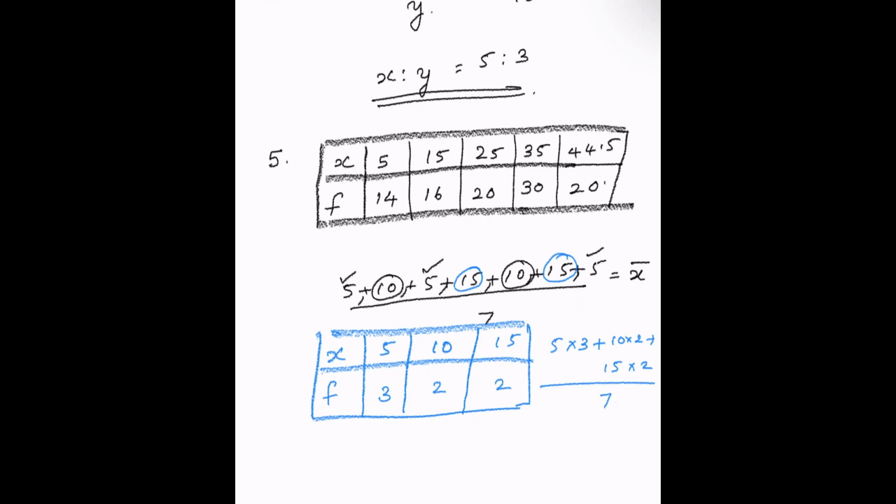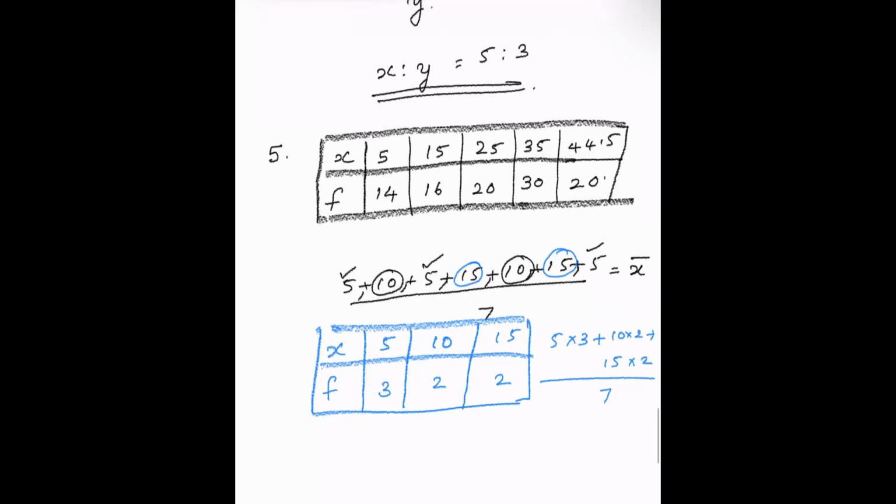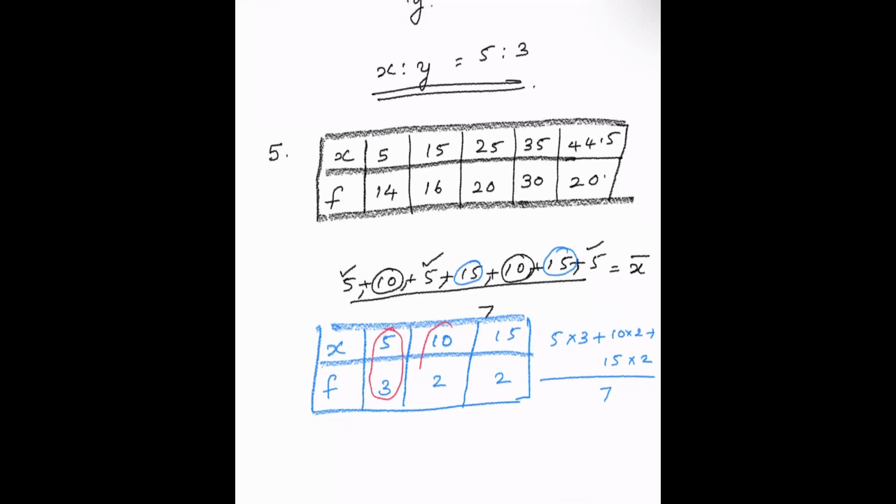So if I need to calculate the mean, I just multiply 5 and 3, 10 and 2, 15 and 2, add all of them, and divide by the total number of observations, which is 3 plus 2 plus 2.